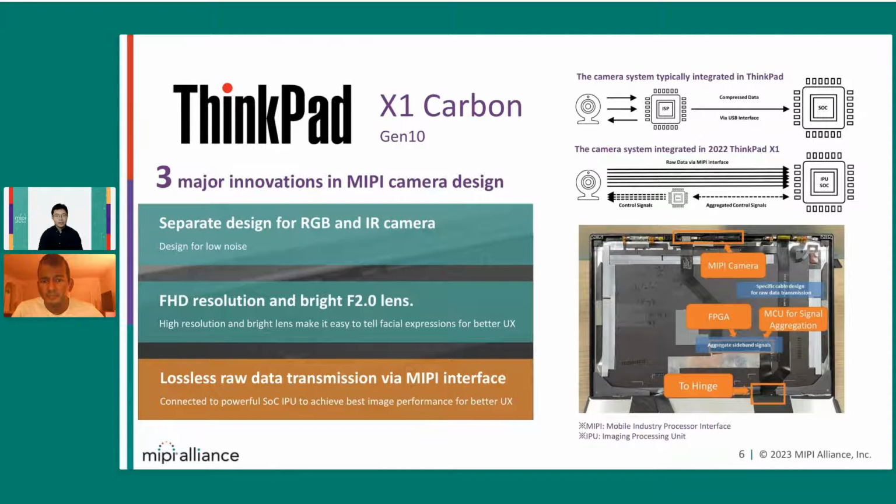And here, this is an integration. We don't have such a solution so far, so we chose the FPGA and also the MCU to implement this. And it's very hard work. The other one is the IQ tuning. It's the first time for us to do in-house IQ tuning, because we use the image signal unit inside the SoC, so we must tune it.